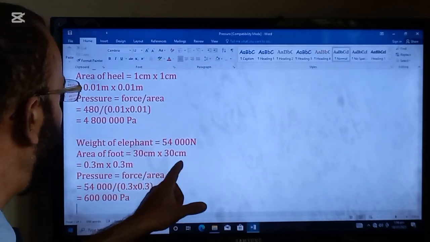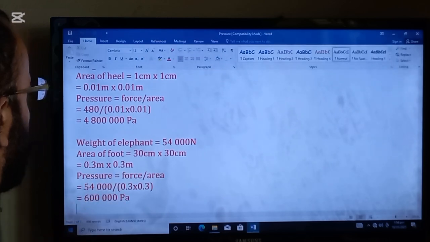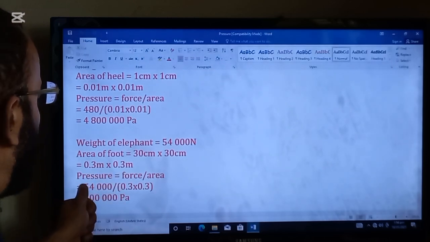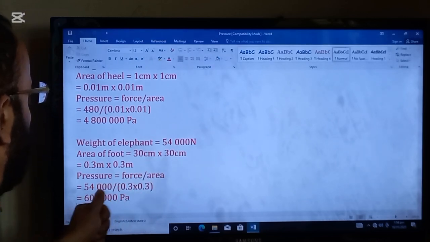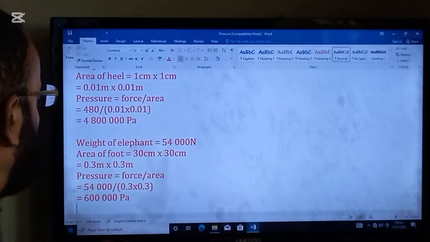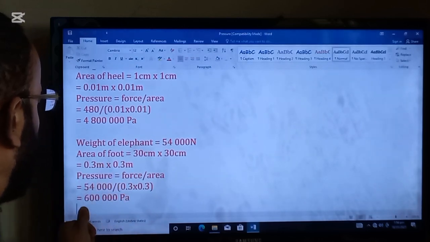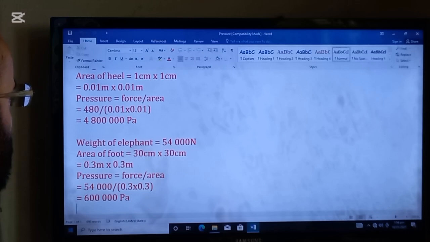After converting it into meters, that will become 0.3 meters into 0.3 meters. Pressure's formula is force over area. Putting these values in the formula, 54,000 over 0.3 into 0.3. Solve it on the calculator. The answer will be 600,000 pascals.